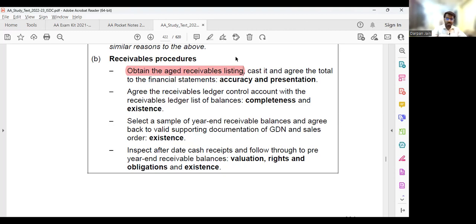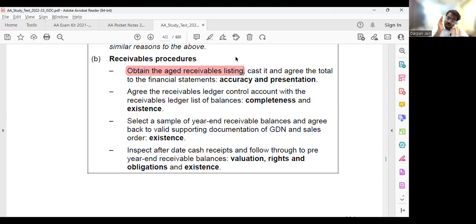Great. Next, inspect the after date cash receipts. You're inspecting what amount you have received after the year end from those receivables, right? This is a check for valuation. For valuation of receivables, what do you do?